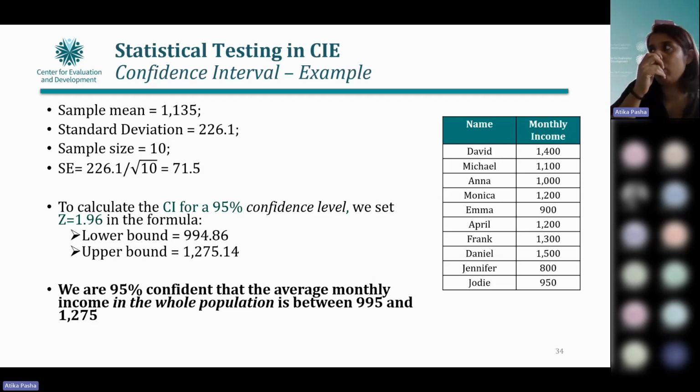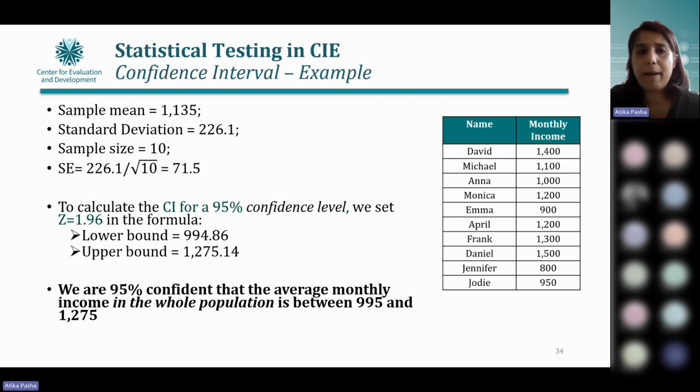Don't worry, we will also look at an example of how standard deviation is calculated. But I calculated it here already, so it's 226. We know that our sample is 10 individuals. And so how do you derive the standard error? It's simply the standard deviation divided by the square root of your sample size, which gives us a standard error of 71.5.